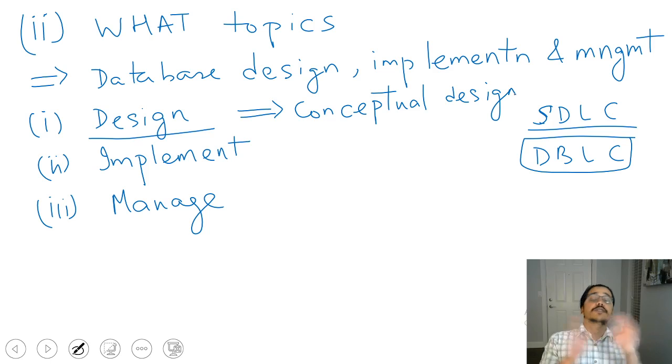Okay, conceptual design, as we will learn later in the course, is free of any kind of software or hardware platforms, right? It is similar to writing the algorithm for a program in order to solve a particular problem. So the first step when we are designing a database is to generate what is known as its conceptual design.